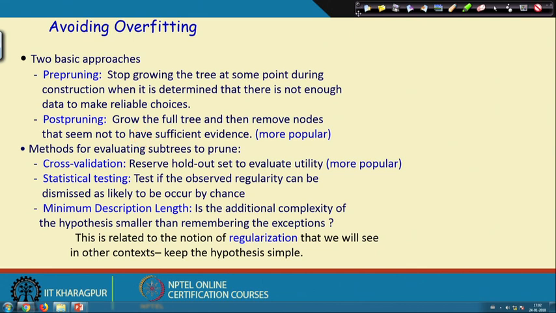All right. So, to solve this problem, what one does is that you build a tree, then sometimes instead of a 100% pure node, maybe a 95% pure node is enough. Okay.